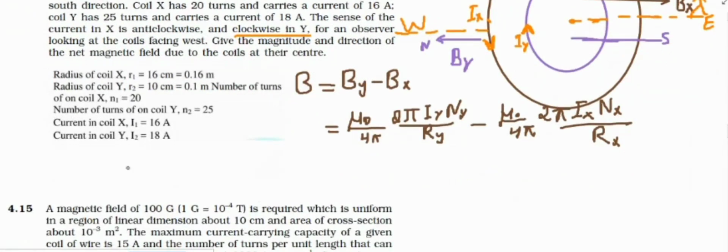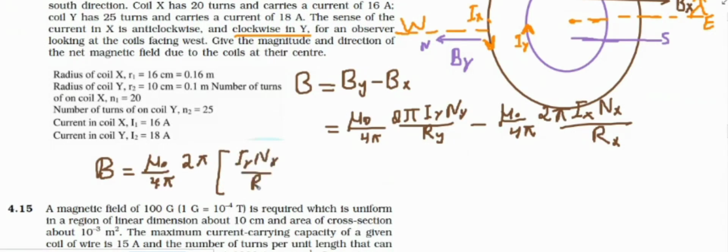Common factors we can take outside so that you will get net magnetic field B is equal to mu naught by 4 pi, 2 pi into Iy ny over ry minus Ix nx upon rx.